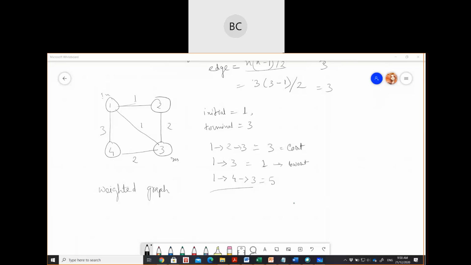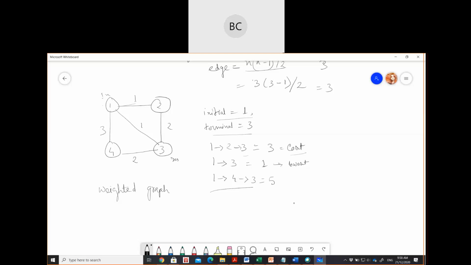Here I'm saying initial is 1 and the terminal is 3. So I will check what are the paths from 1 to 3. Since it's an undirected graph, there are 3 paths from 1 to 3. Correct? For every path, I will see the cost. How will I calculate the total cost?